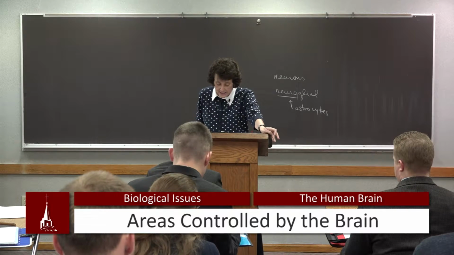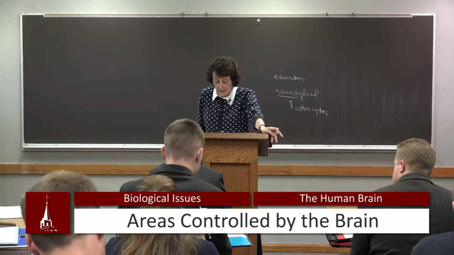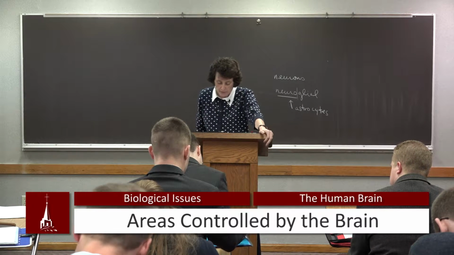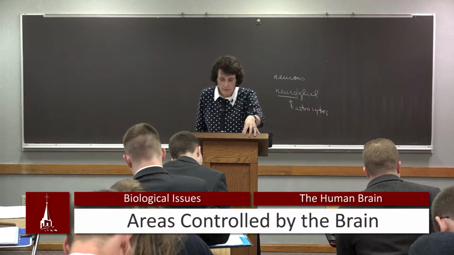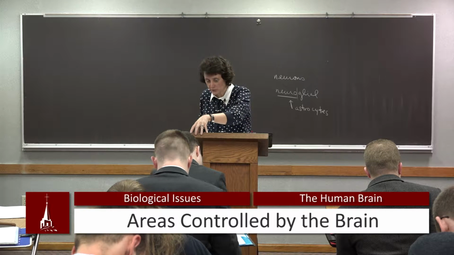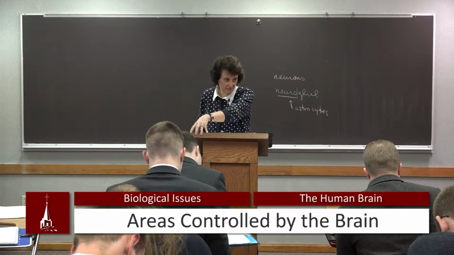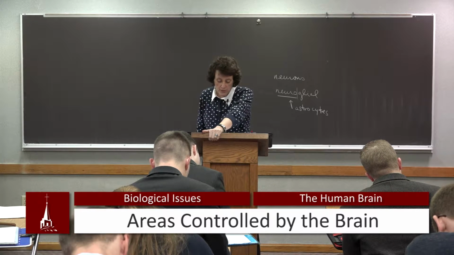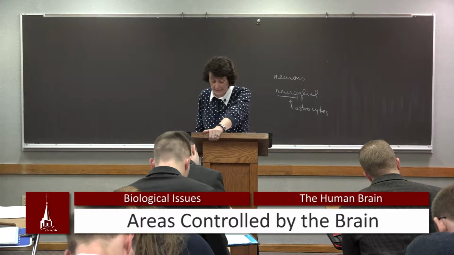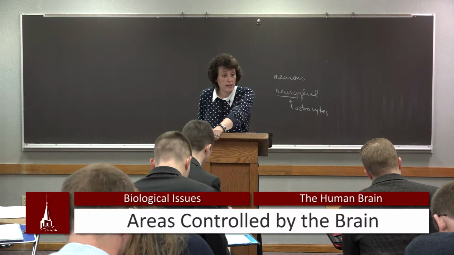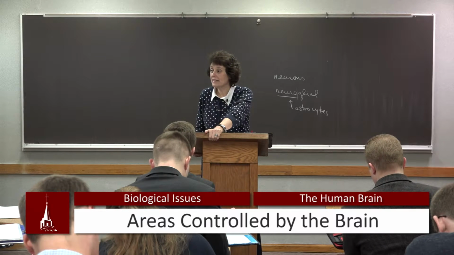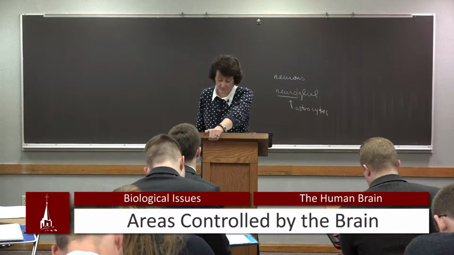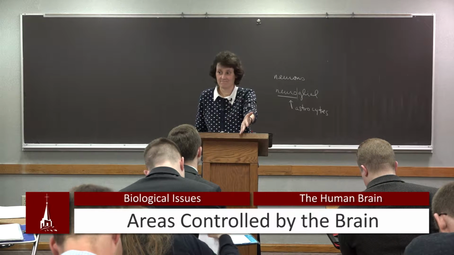Then, secondly, mental areas controlled by the brain. We have physical control of the body, and we also have mental control of the body. Remember, the brain is the seat of the mind. So all of the areas controlled by the mind are centered in the brain. So what are those?